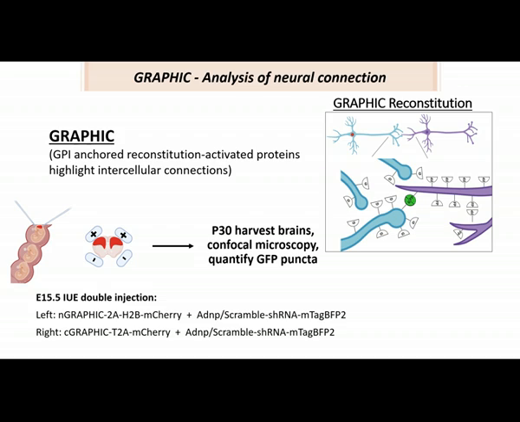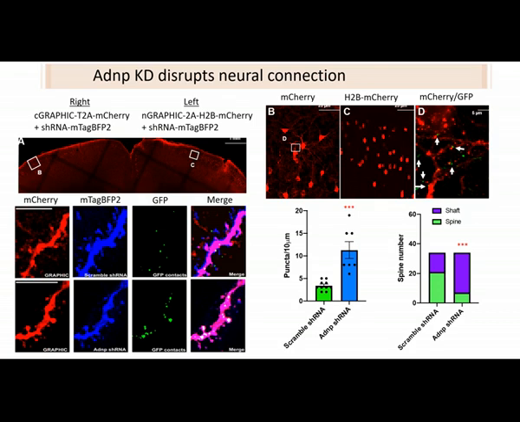The other includes C-GRASP coding for C-terminal GFP and mCherry, plus shRNA with BFP tag. We injected C-GRASP and shRNA into the right hemisphere and N-GRASP and shRNA into the left hemisphere.